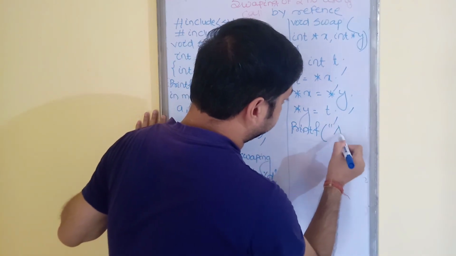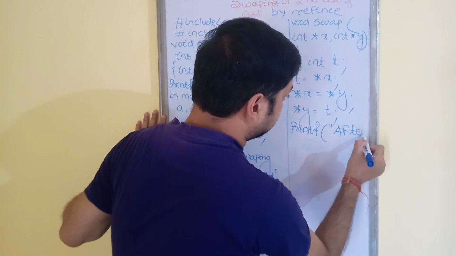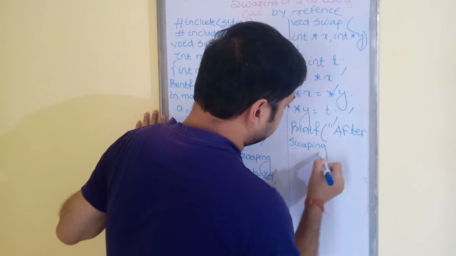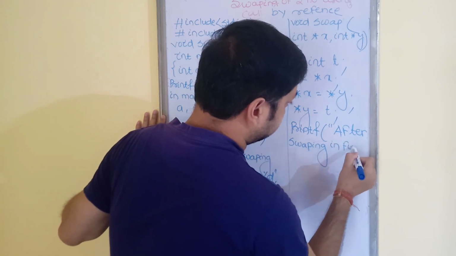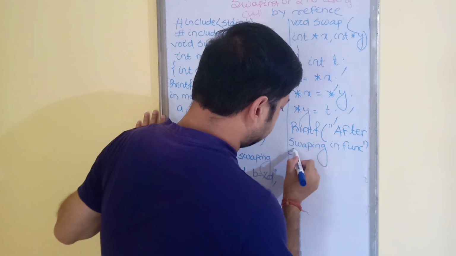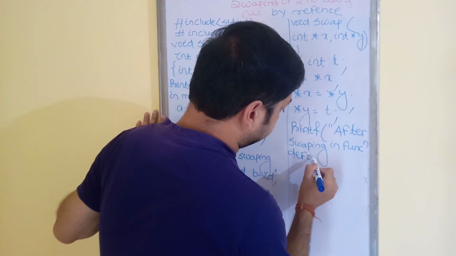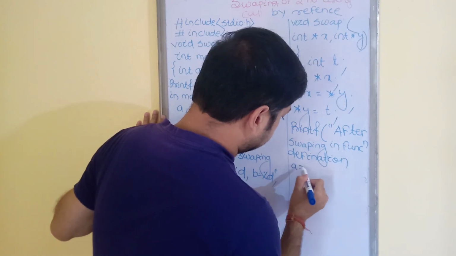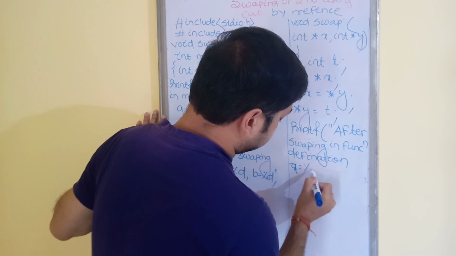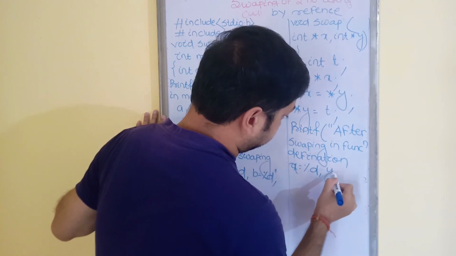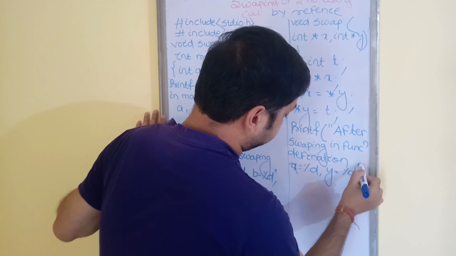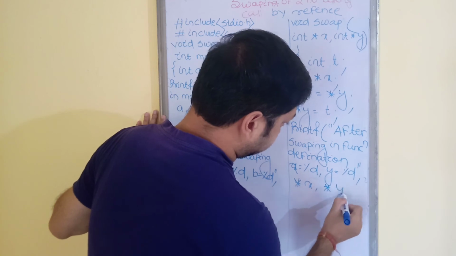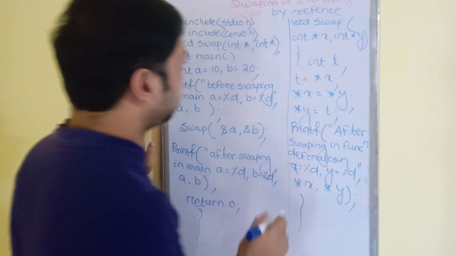And write after swapping in function definition, that is x equal to percentage d, y equal to percentage d. So that should print here your star x comma star y. That's all. So now see what will be the output here.